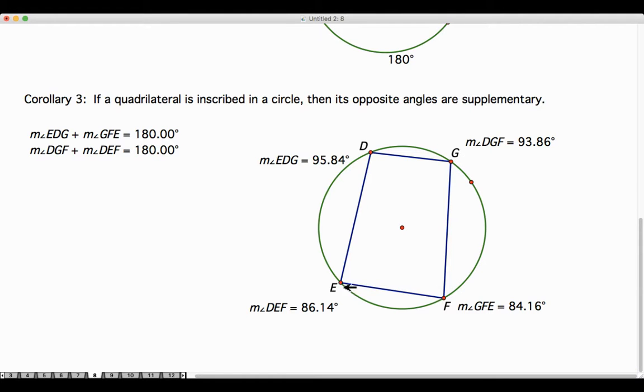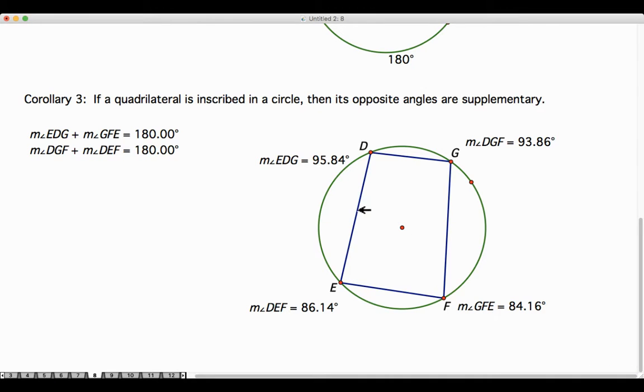So the angle at D and the angle at F together cut off the entire circle. We know the entire circle's measure is 360, and each of those angles is half of the arc it cuts off, so they must add up to 180.